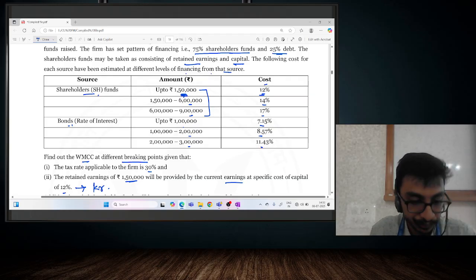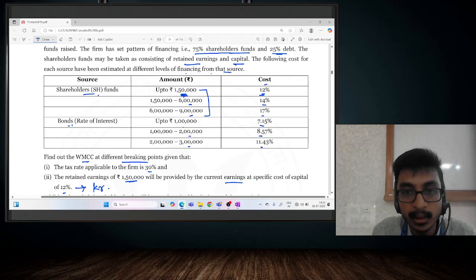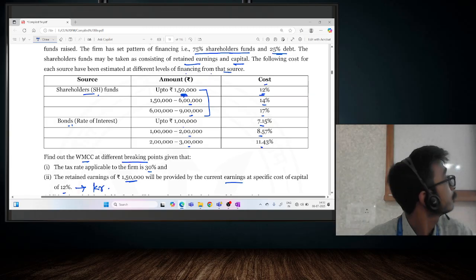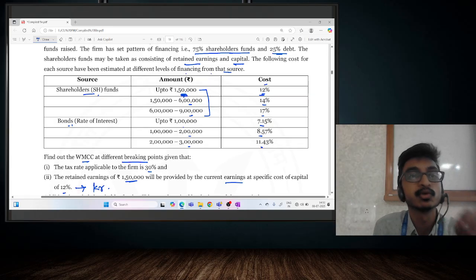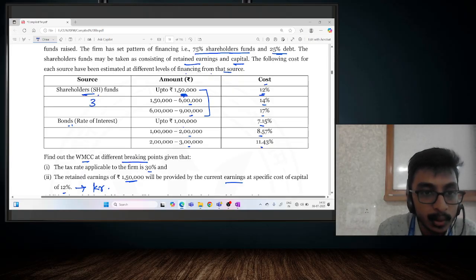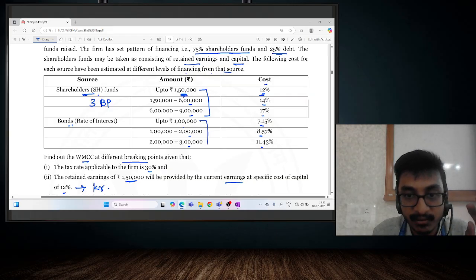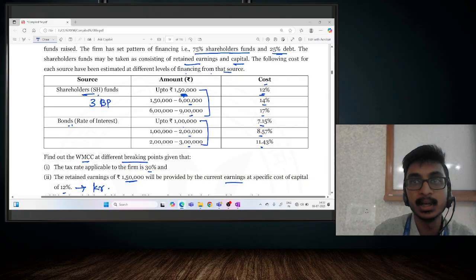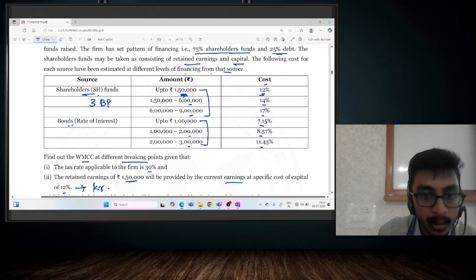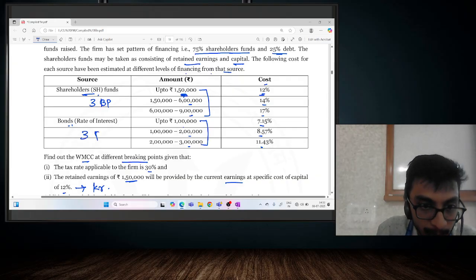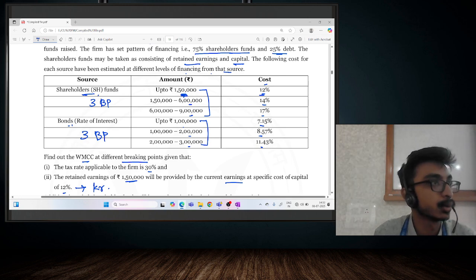So here we have 3 different limit points for shareholders fund, right? So for shareholders fund alone we will calculate 3 breaking points. Similarly for debt or bonds we have 3 limiting points. So we will calculate 3 breaking points for bonds alone, right?